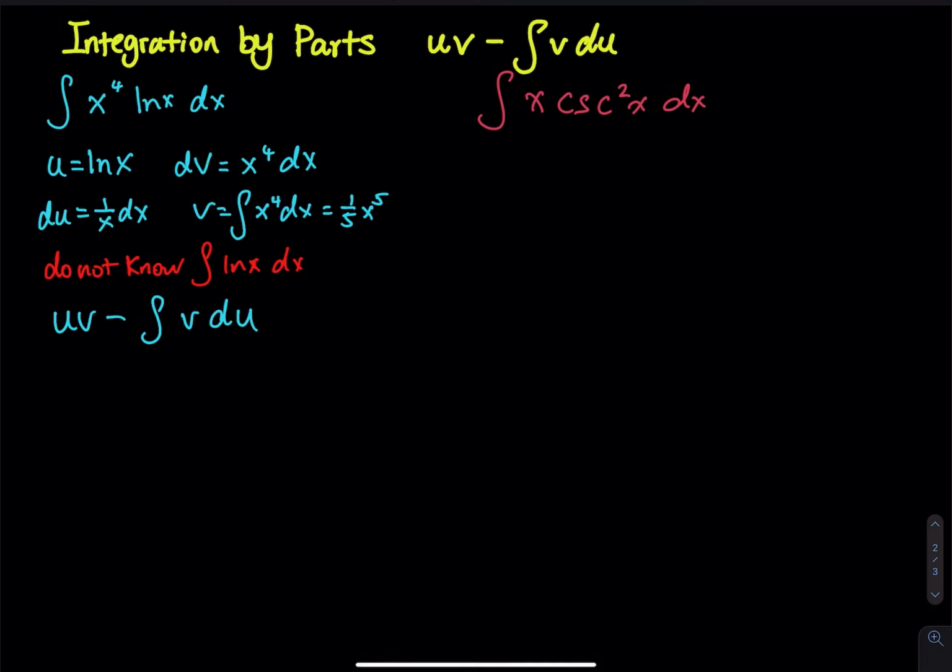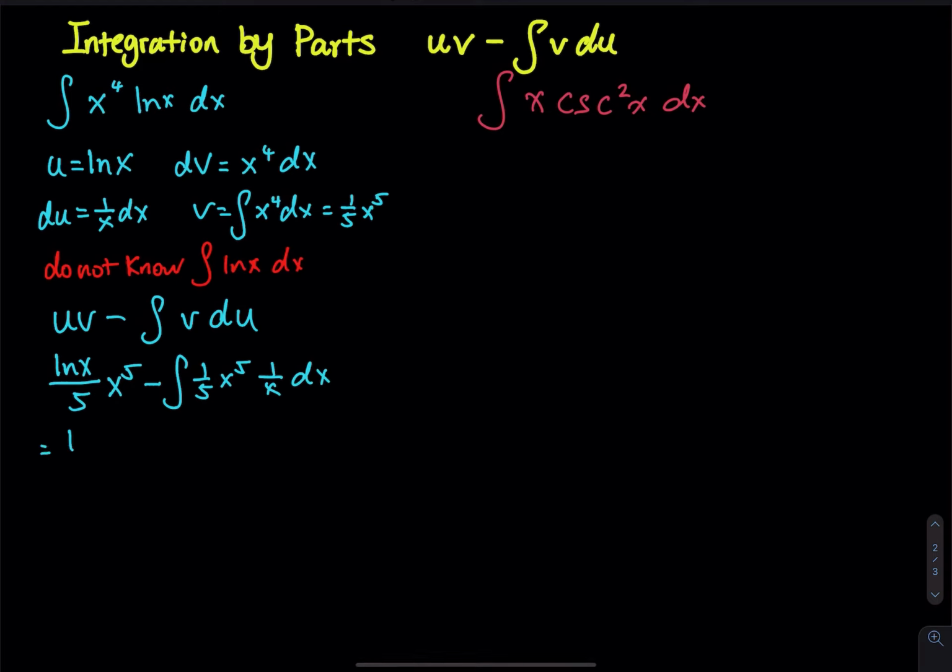All right, so don't do this in 4 lines. Don't do this in 5 lines. Do this in 2 columns: u, du, and then dv, v. And then you do uv. So u times v, that is ln x times 1 over 5 x to the fifth, minus the integral of v du. So 1/5 x to the fifth times du, which is 1 over x dx, and then that is x to the fourth, right?